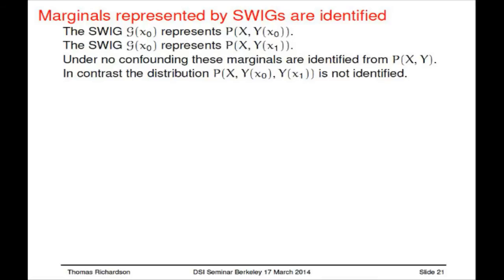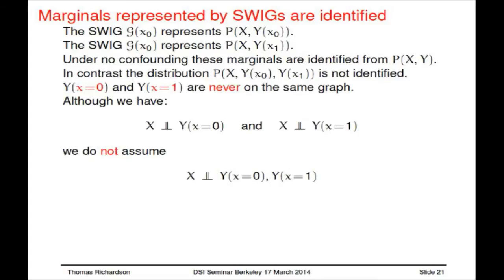In general, the joint distribution over y of x0 and y of x1 is not identified. So I'm never constructing a graph that has both of these on the same graph. Within this framework, although I'm going to have these two independence assumptions, I'm not necessarily assuming this. So in the ignorability terminology, I'm assuming weak ignorability and not strong ignorability.